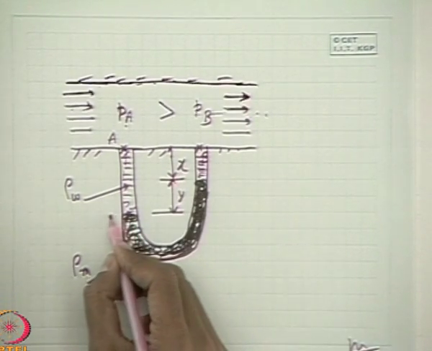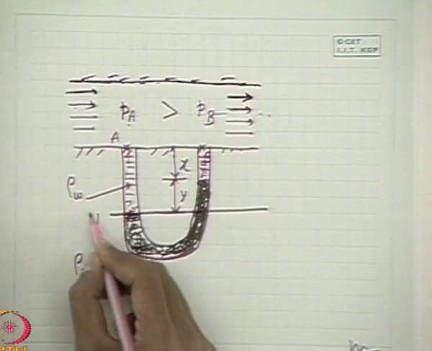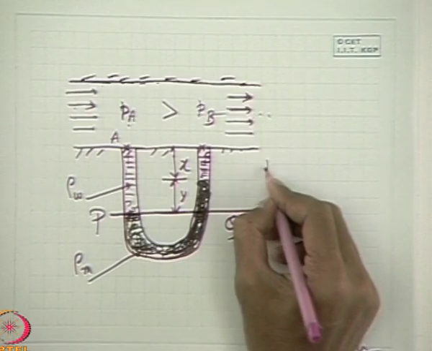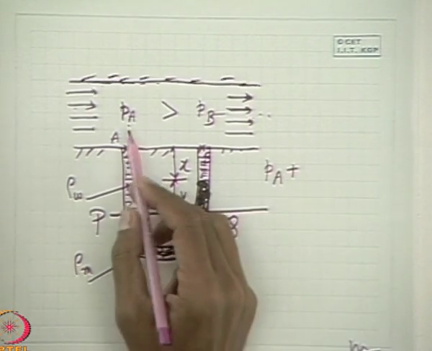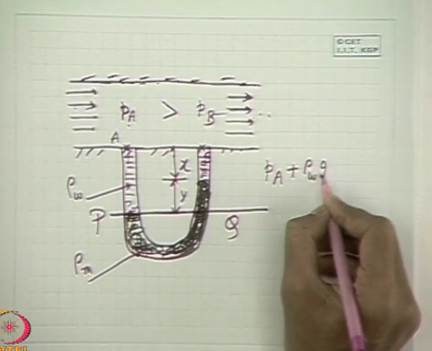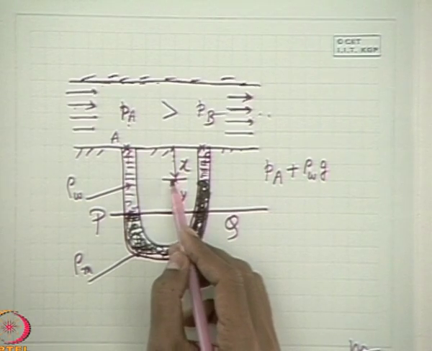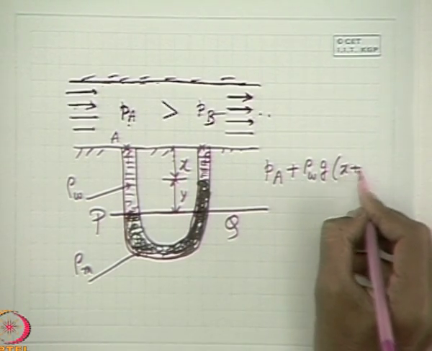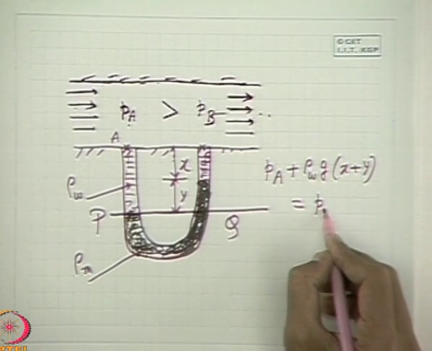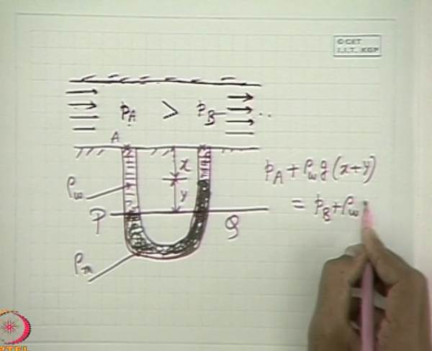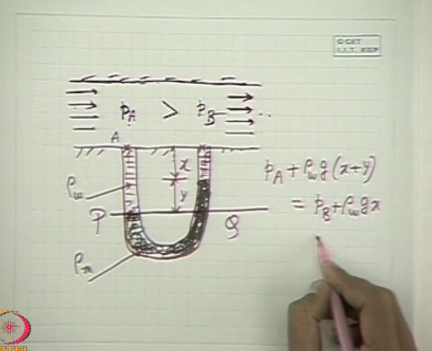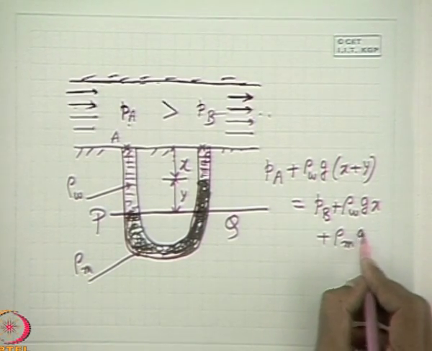Then again if we select this PQ line, where we will equate the pressure from both the sides, what will we get from the left side? Pa plus rho W g into x plus y is equal to, here, Pb plus rho W g into x, because this column of liquid also exerts pressure on this side, plus rho m g y.